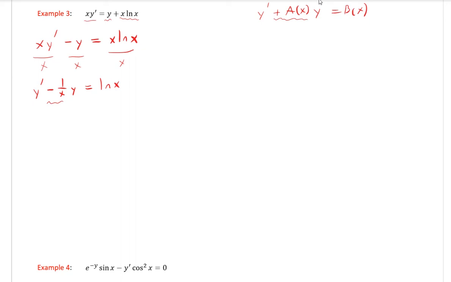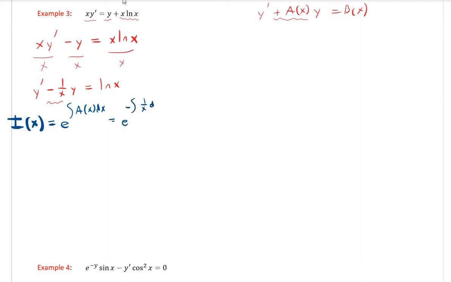All right, so now this is set up, I can find my integration factor. My integration factor I is going to be e to the integral of a(x) dx. In this case, a(x) is negative 1 over x. So I'll put the negative up front.